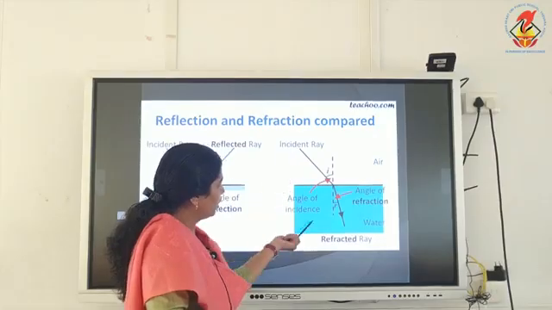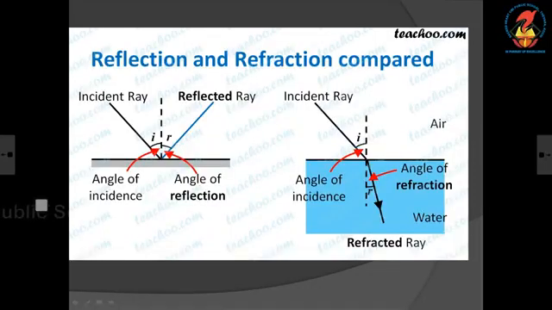Normally both media are transparent, so that the light can pass through the second medium.